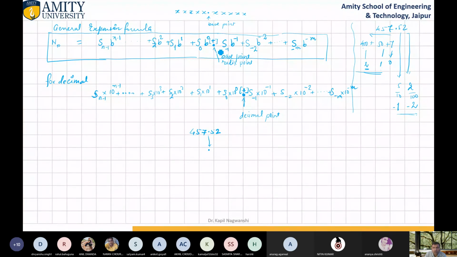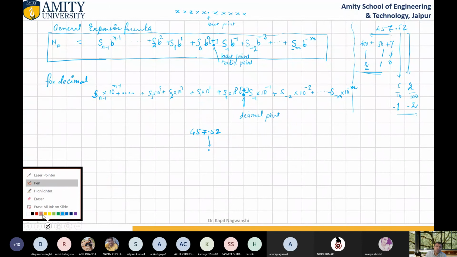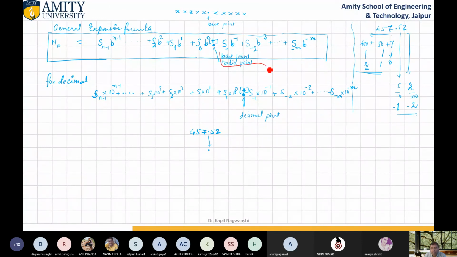I showed this to help you understand what is after this. This is your fractional part, and this is the integral part, or integer part. Up to this place is the integer part, and after this it will be the fractional part. So let us write this as plus.